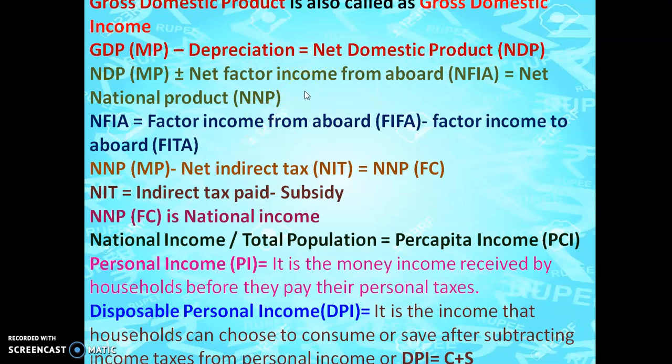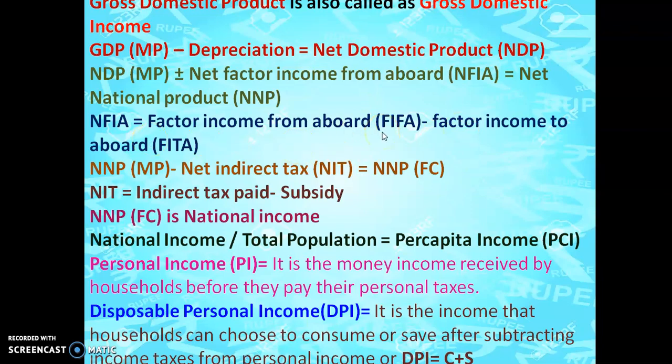So we take that income earned by that person from abroad. In the same way, there are people working from other countries in India, so that income we are going to send abroad.